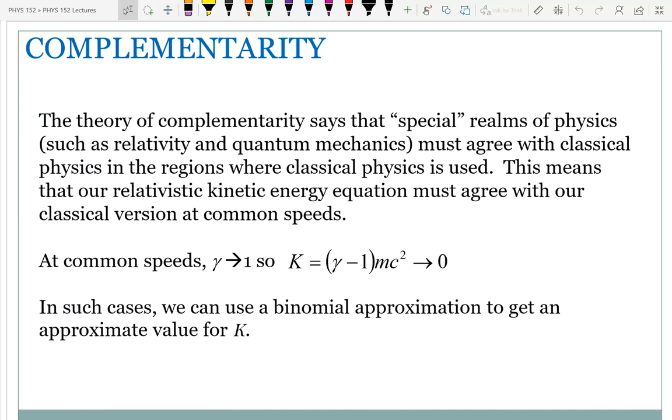Classical realm is everyday sizes, temperatures, speeds, etc. And so complementarity says that the theories have to complement each other, that this new relativistic theory has to agree with what we've done all along, the classical physics, if we're dealing with classical physics type speeds. In this case, because relativity is high speed, the classical realm is everyday speeds. So how in the world is that going to work? What does gamma approach as you approach everyday speeds?